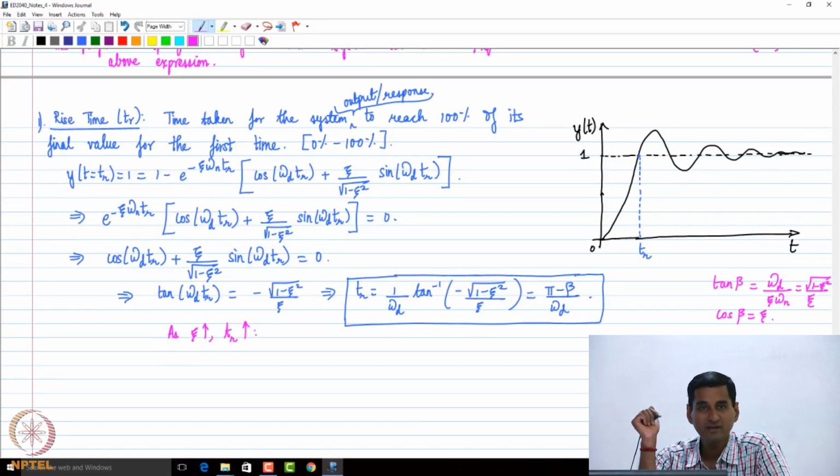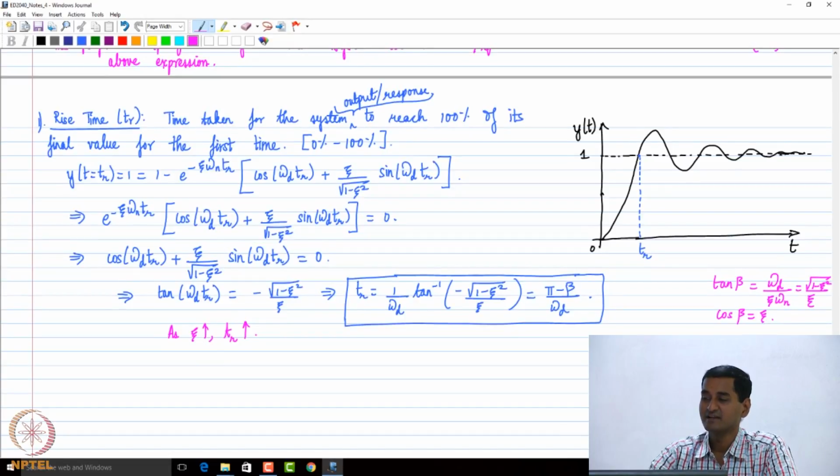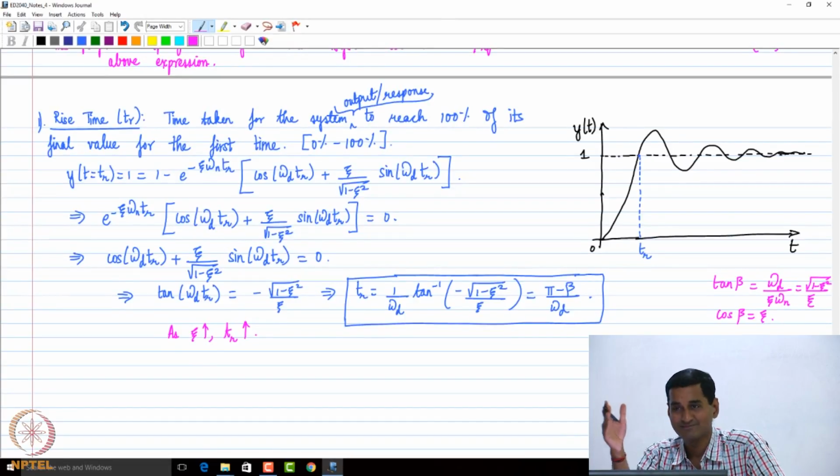So what it means is that as we make the system more damped, as the damping of the system is increased, the rise time increases, or in other words, the system becomes slower to respond. This graph gets pushed to the right.